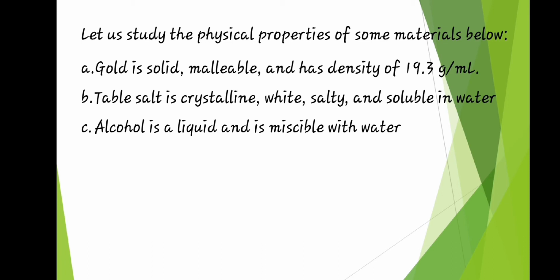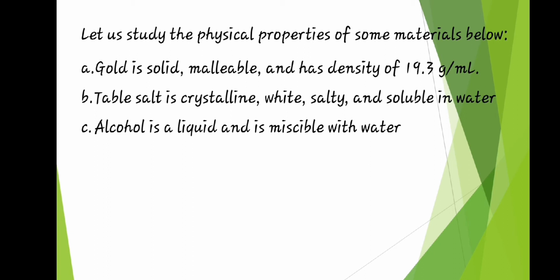What was your observation with this? The substance is being described by its physical appearance, and also by its density. That is why I said earlier that physical properties involve density.